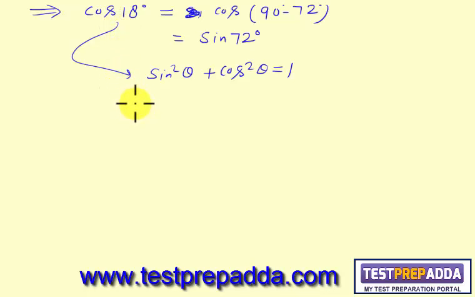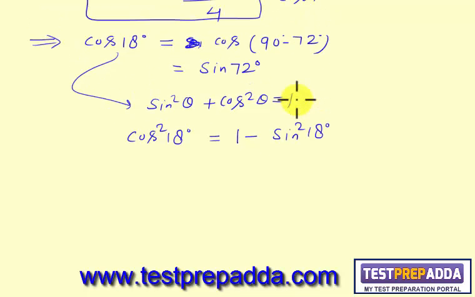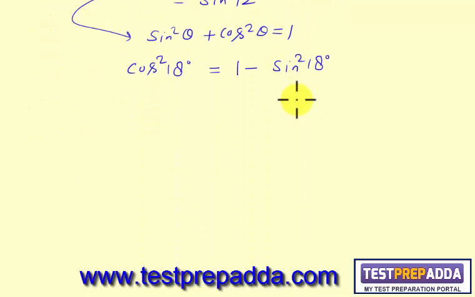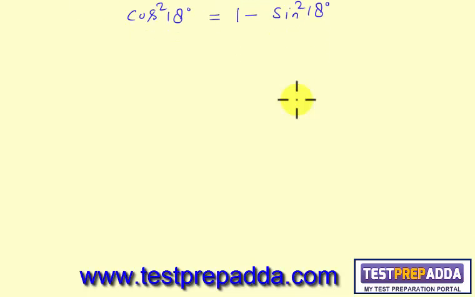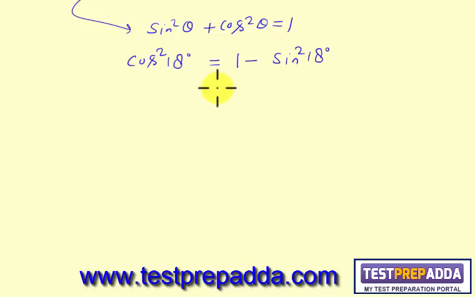So I'll write cos square 18 degree is equal to 1 minus sine square 18 degree. And sine 18 degree we already know, root 5 minus 1 by 4. So I'll substitute the value: 1 minus root 5 minus 1 by 4 square.